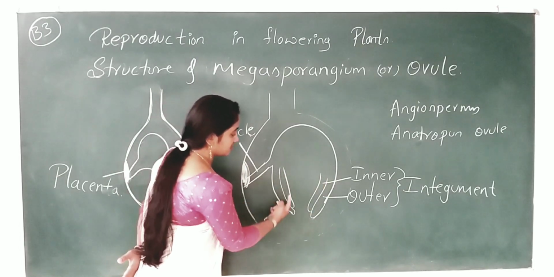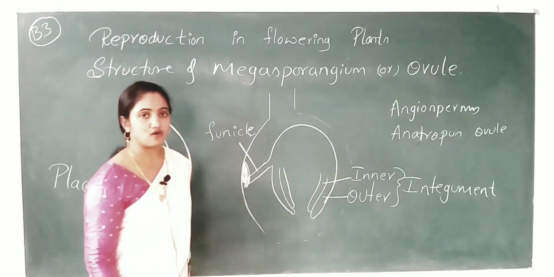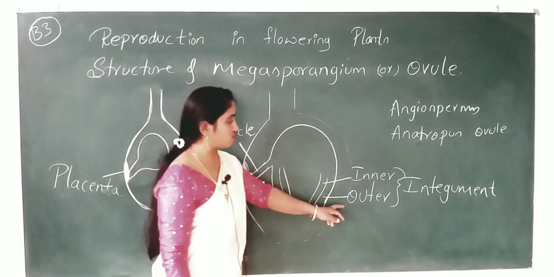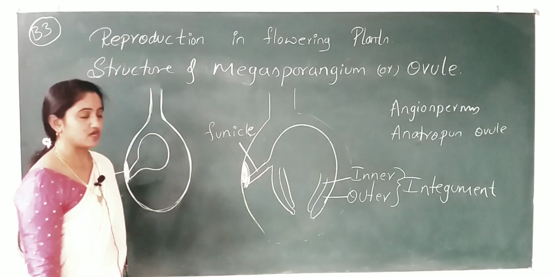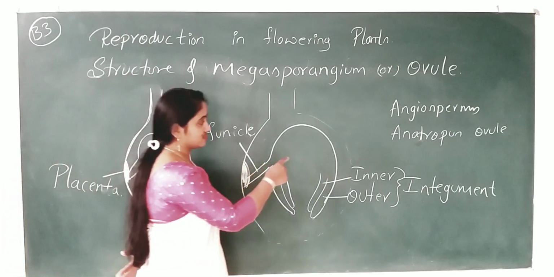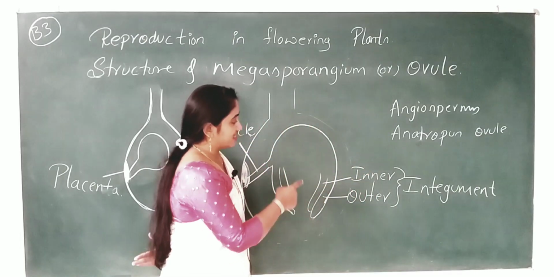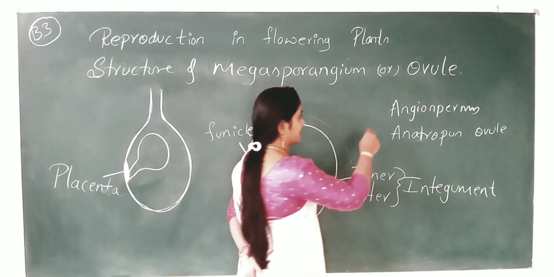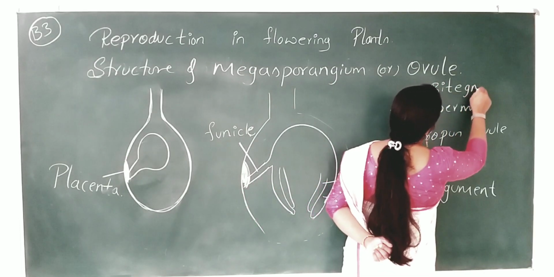Outer integument, inner integument. So the ovule is covered by two layers, the outer and inner integument. Most angiospermic plants have this type of ovule. Since there are two integuments, it is known as bitegmic.